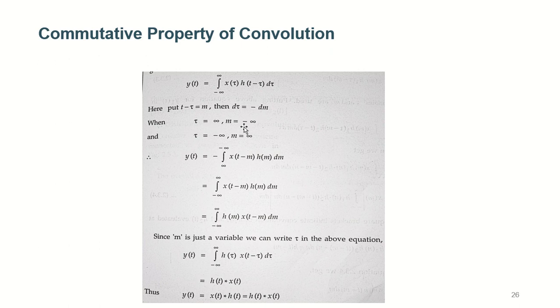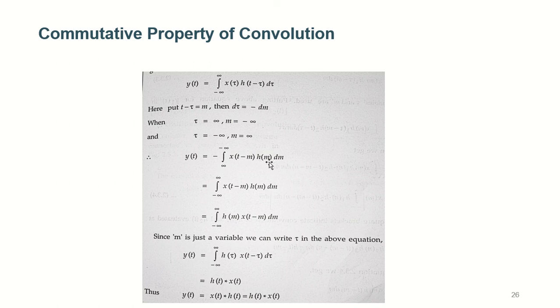When tau is minus infinite, m will be infinite. Now y of t will be the integral from infinite to minus infinite. Substituting the value of tau, instead of tau we will write t minus m, so x of t minus m into h of m into dm.